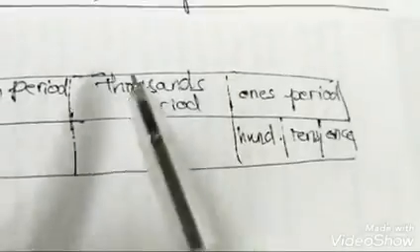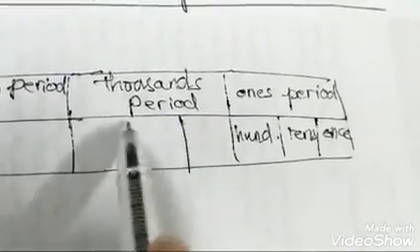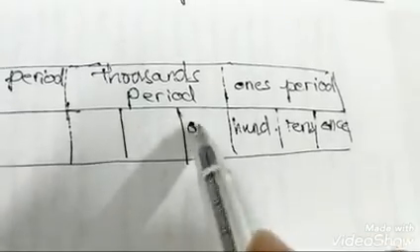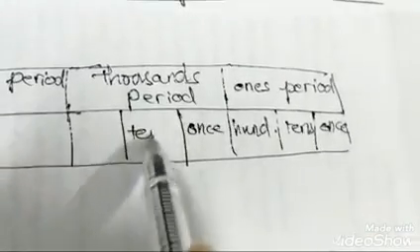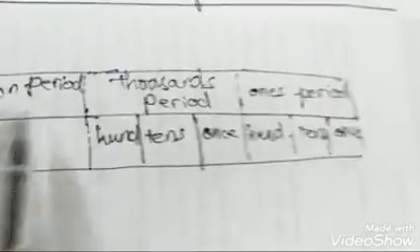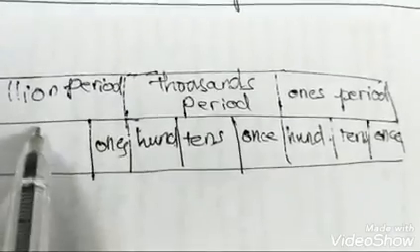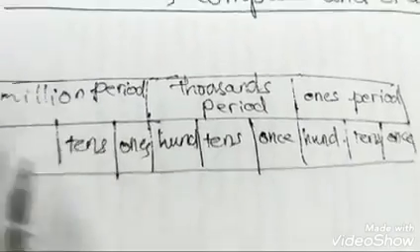The thousands period also has three digits as ones, tens, and hundreds. The million period is the same: ones, tens, and hundreds.